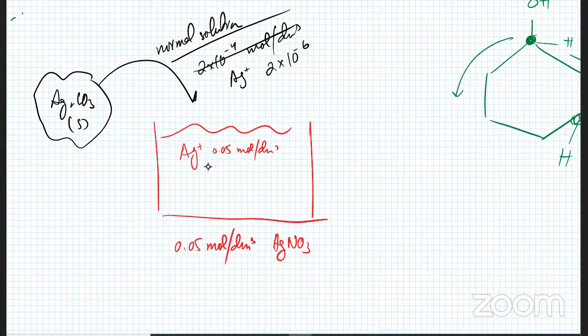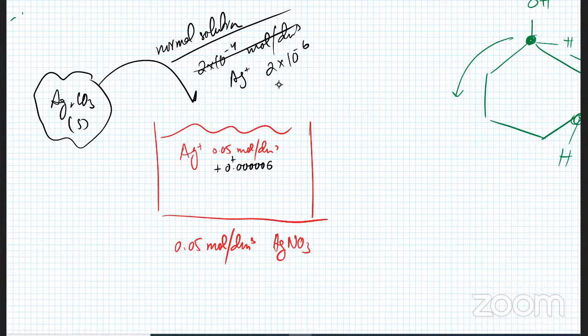So my only point is, most of the ions in the solution are coming from the 0.05 mole per dm cube of silver nitrate that's already dissolved. The amount of silver ions that will now be coming from silver carbonate would be so few that you can ignore them. It's pointless to add this to this. That's negligible, right? I'm just giving you the idea.